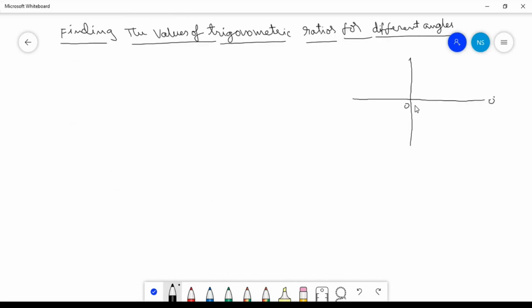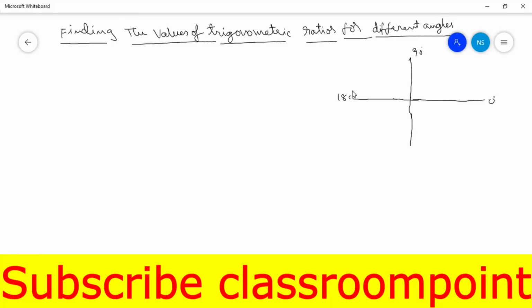This is 0 degrees, 90 degrees, 180 degrees, 270 degrees, and 360 degrees. This is first quadrant, this is second quadrant, this is third quadrant, this is fourth quadrant.